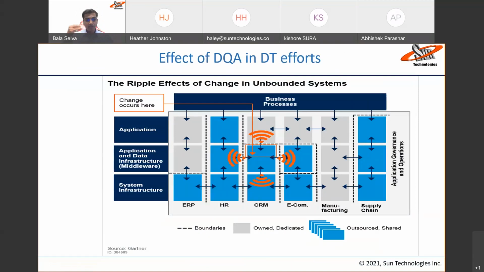Then you have the actual applications, which are the horizontals, then the data infrastructure, the middleware, and the system infrastructure. Some of these cut across ERP, HR, CRM, e-commerce, manufacturing, and supply chain. Some of them are outsourced, shared models. When I say outsourced, it could be a product that you're using in a SaaS-based model. Sometimes they could be age-old legacy applications that are sitting right underneath.